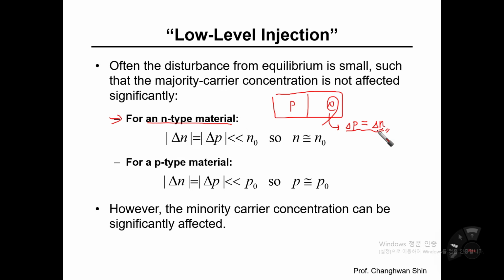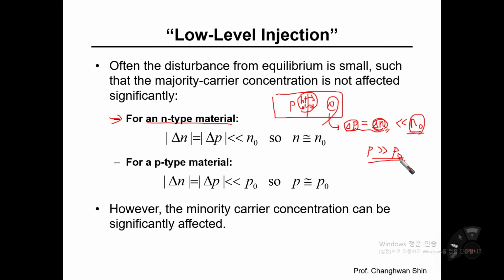But this excess carrier concentration, excess hole concentration and excess electron concentration, should be much smaller than the majority carrier concentration. In other words, the total number of holes injected into the N side is very small in terms of N naught. But in terms of P naught, the total amount of holes injected into the N side is too much. So P is much higher than P naught.